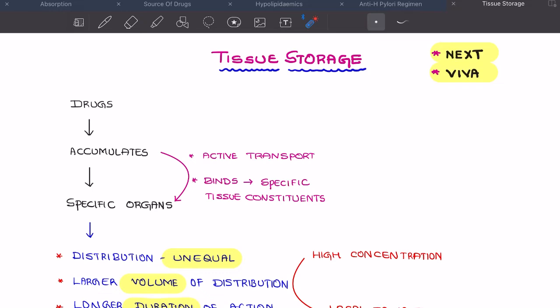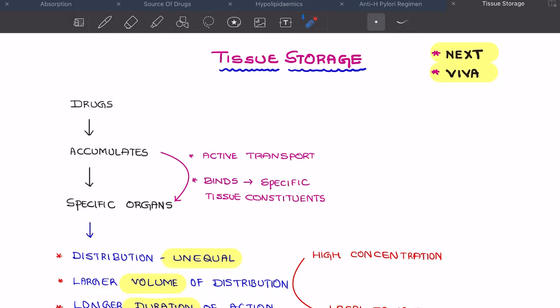There are some drugs which get deposited in the tissues and stored in the respective tissues, and later on, due to the increase in concentration of a particular drug in the tissue, it can lead to toxicity. So let us analyze how this tissue storage will occur and what are the consequences of it.